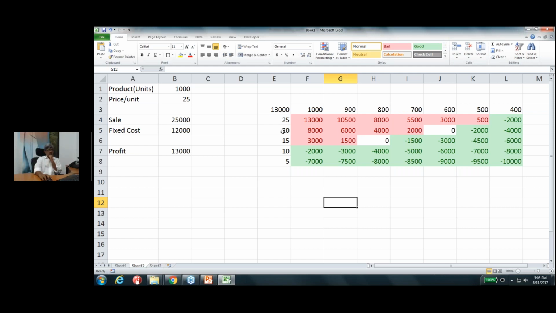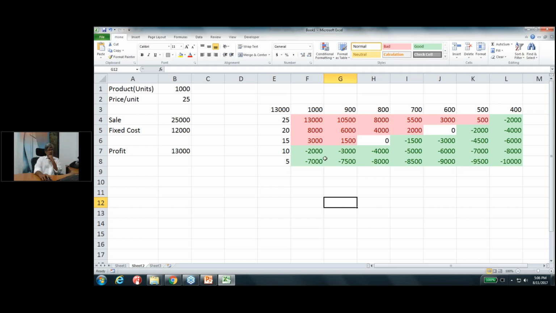And if we set the price of our product at 20, and we sell 600, that is another one. And if your management says that we need to get some sort of a profit out of it, then from this particular table you can get a fair idea of what the price should be.